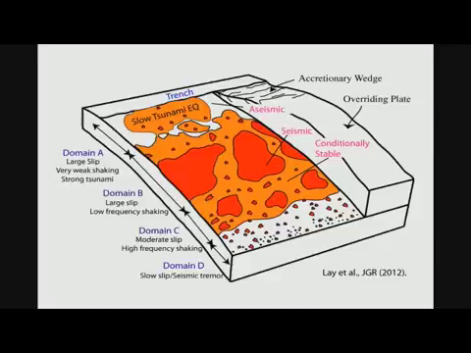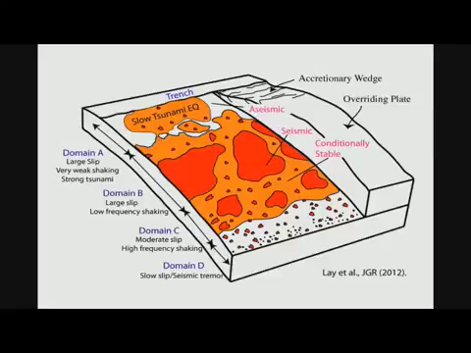Okay, so the best up-to-date picture now of what we think is going on at the plate interface is shown here, where the areas are color-coded for their frictional behavior. These dark red areas are the asperities, areas that have velocity weakening friction, so where earthquakes can nucleate. The orange is areas that are conditionally stable, and then the white is velocity strengthening.